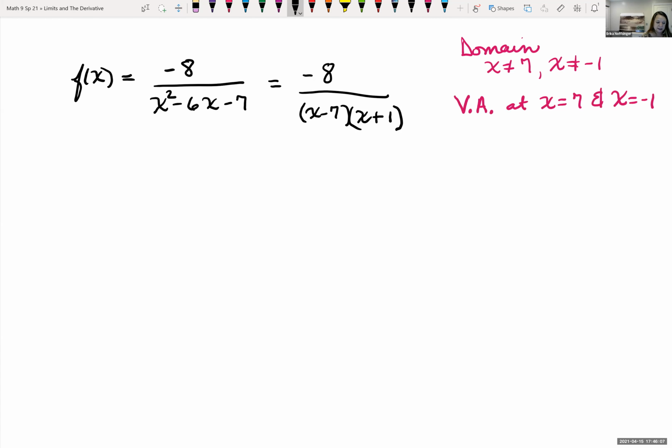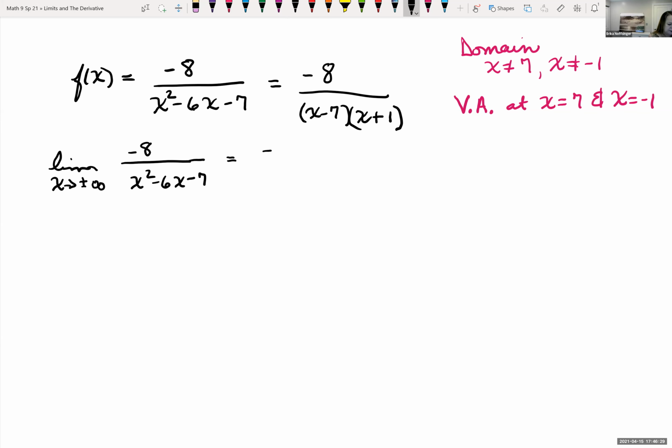Also, we can find the horizontal asymptote. Remember, we could look at the limit as x is going to positive and negative infinity. We can talk about if that changes. Of our function, negative 8 all over x squared minus 6x minus 7.